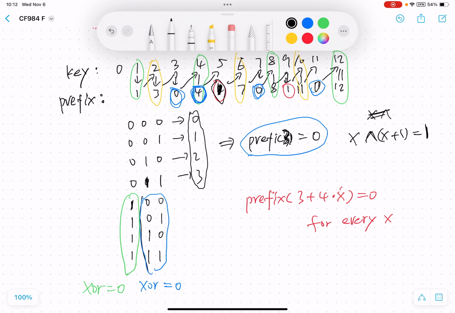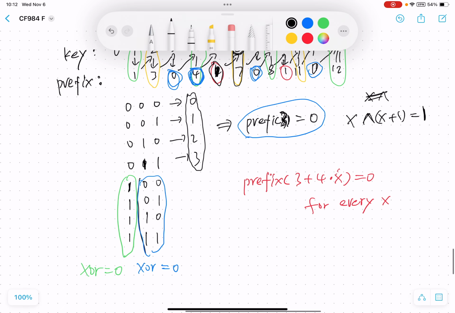If the last is 1, the next will be x minus 1, because the next one is always an odd value and an even number, so the next one will be x plus 1.